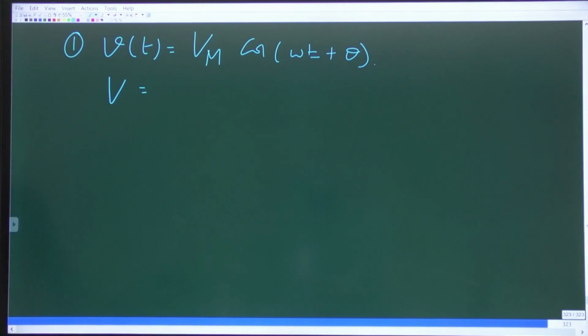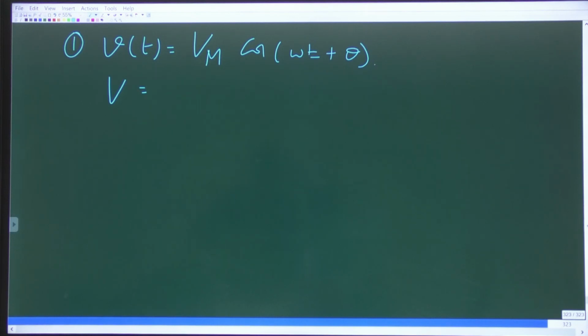Any doubt? Okay, Uday is asking, sir, in phasor also, should we take only the real part of the complex number? No, Uday. To get back the actual sinusoidal voltage, you should multiply the phasor with e power j omega t, and then you should take the real part.